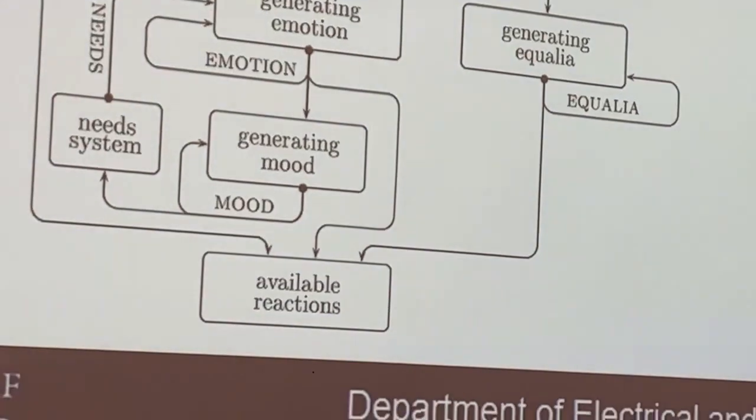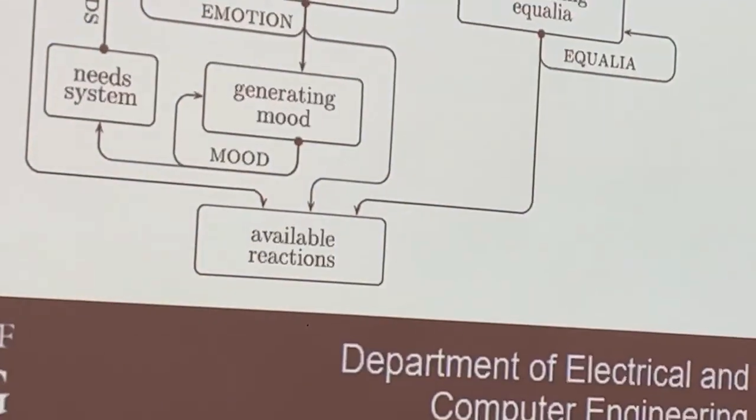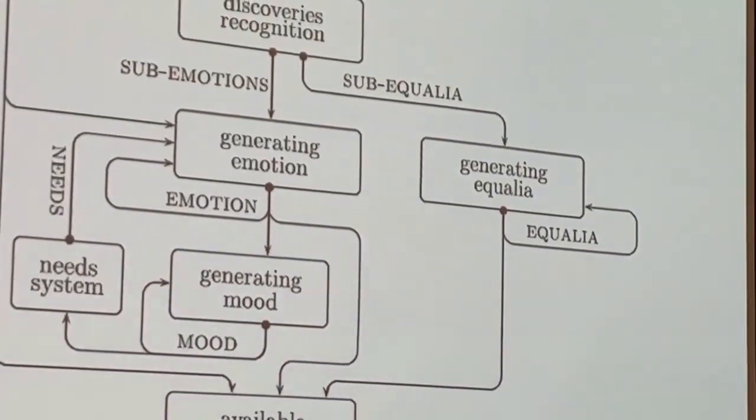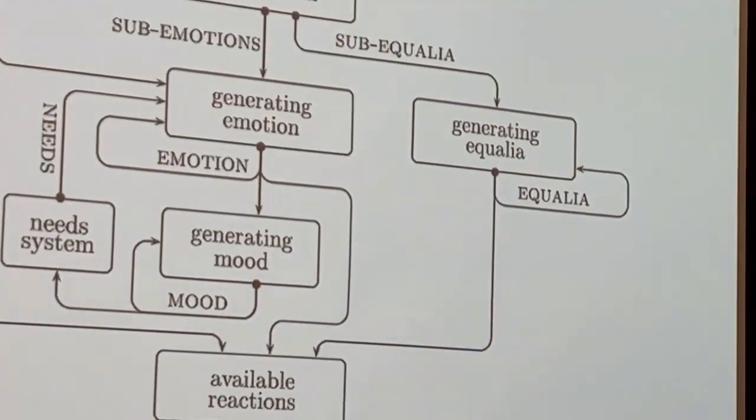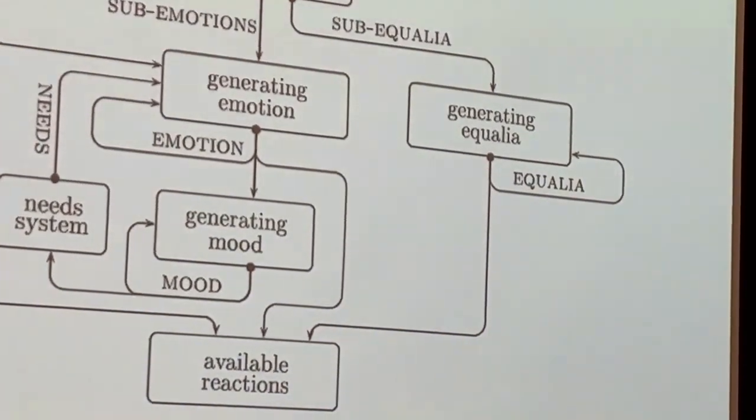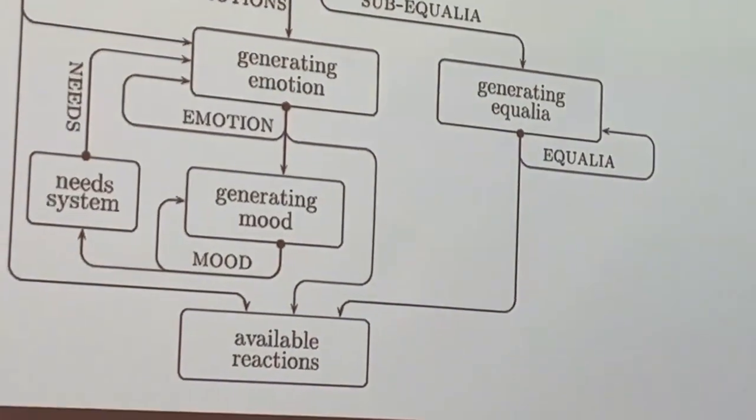And then they have qualia, which is the dual private or individual side of emotions, and the mood, which is a long-lasting emotional state based on a specific difference of classical emotion.